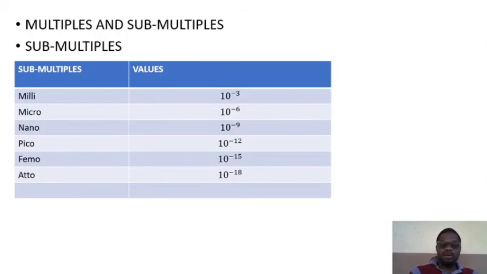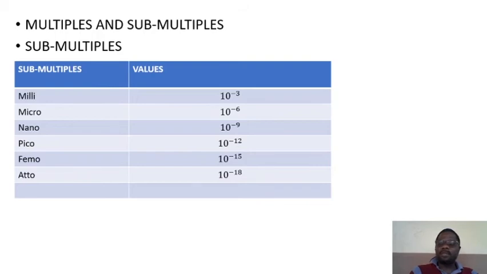Then we now look at multiples and submultiples. These submultiples are used in measurement. So in physics and in technology, you find out that most quantities are measured in terms of these submultiples and multiples.